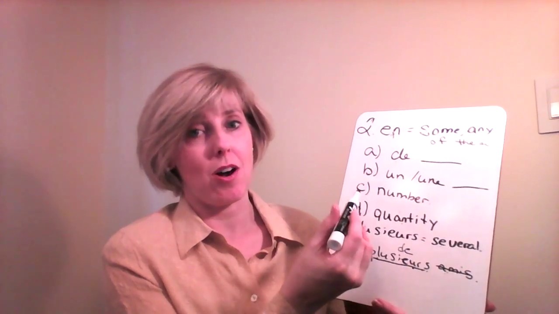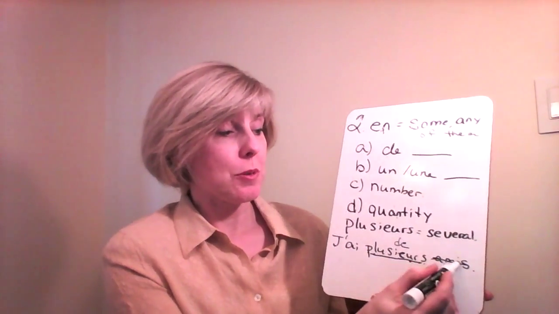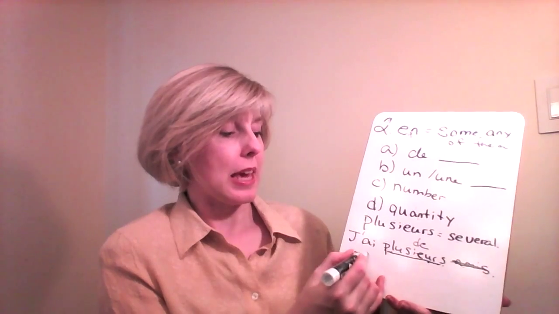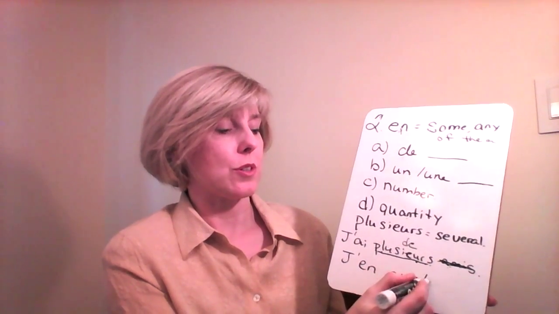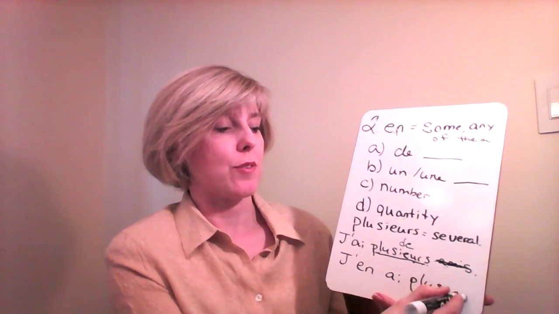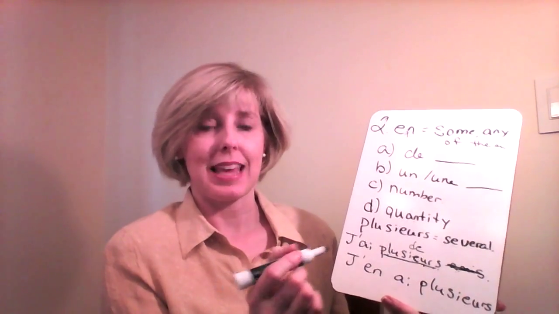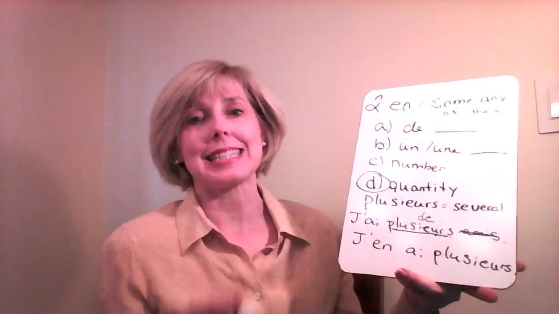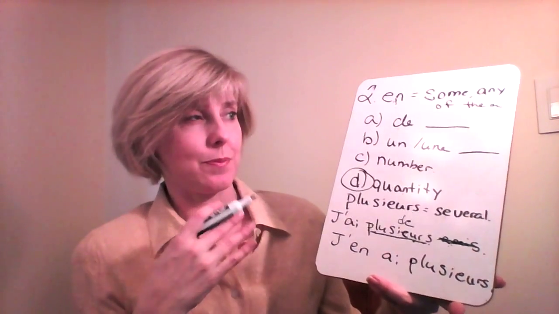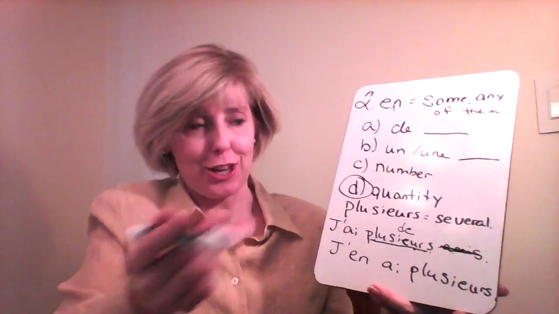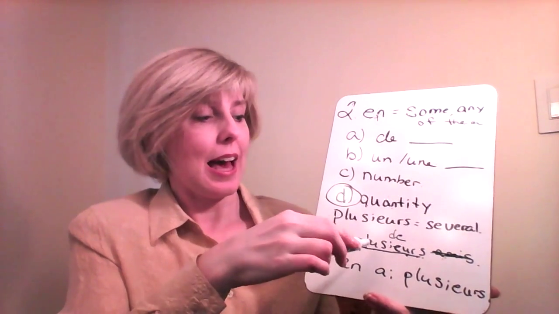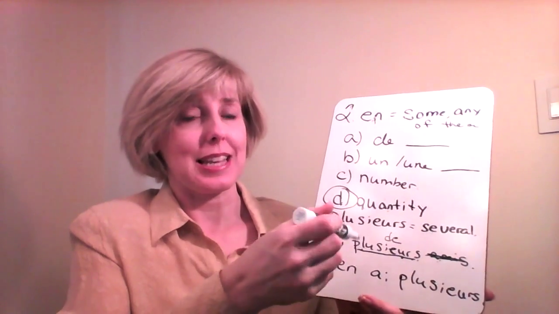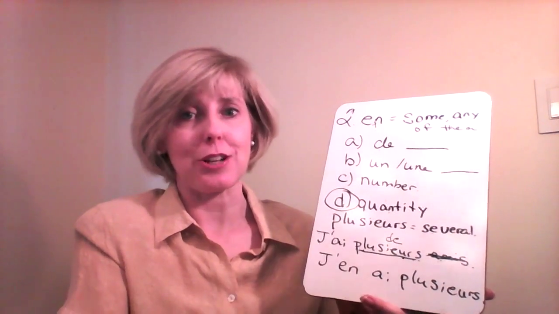So this is going to be replaced with en, and my answer is going to be j'en ai plusieurs. I have several of them. Now this, we're going to see in the next set of notes, the next video, is on expressions of quantity. You're going to learn a few more, and then once you learn them, you're going to realize that when you have those expressions of quantity, you need en.